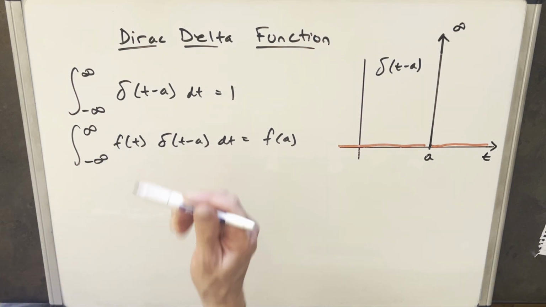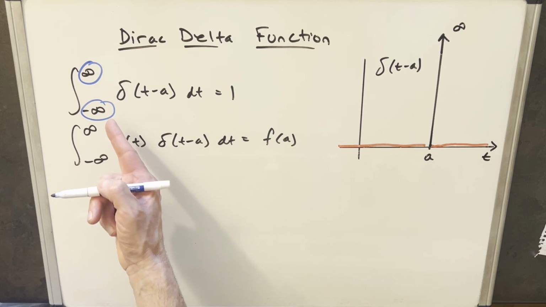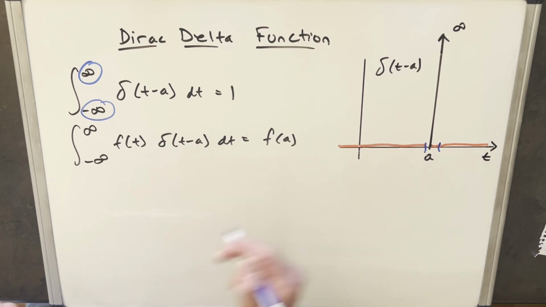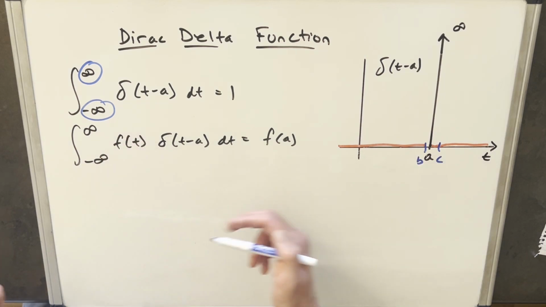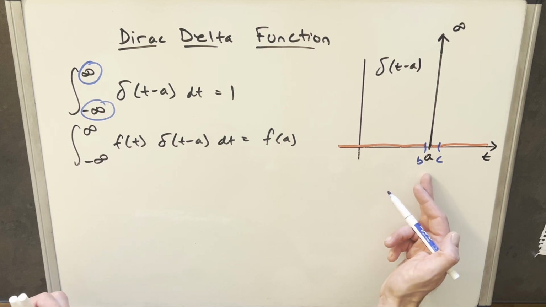And one thing to notice, the bounds don't actually have to be infinity and minus infinity, because you could set this to two values arbitrarily close to A. So basically you could set your bounds to any B or C value, just as long as A is in that interval and not one of the endpoints.